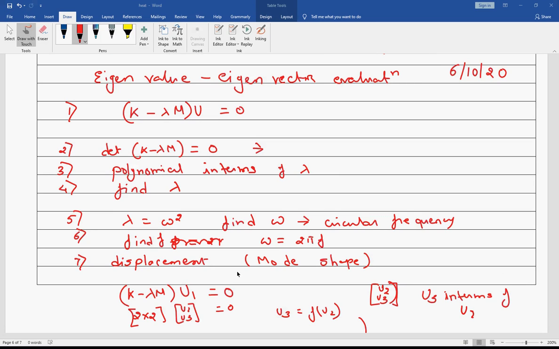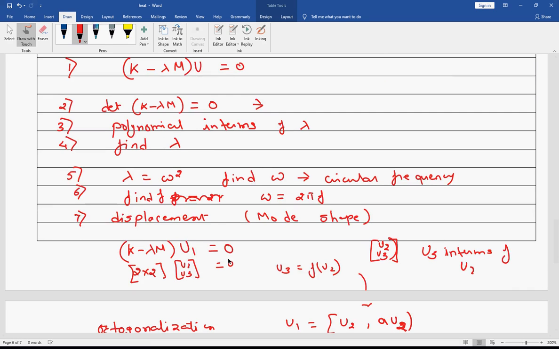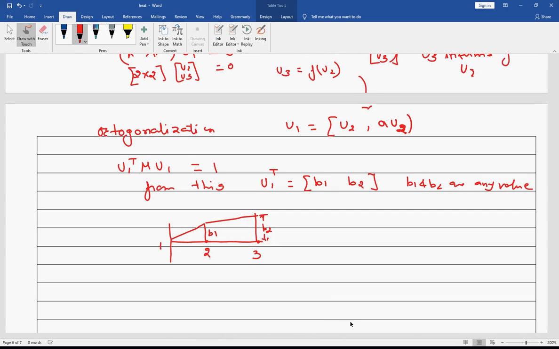Just take the screenshot or write it down, the best way. Okay, so you can take these values.